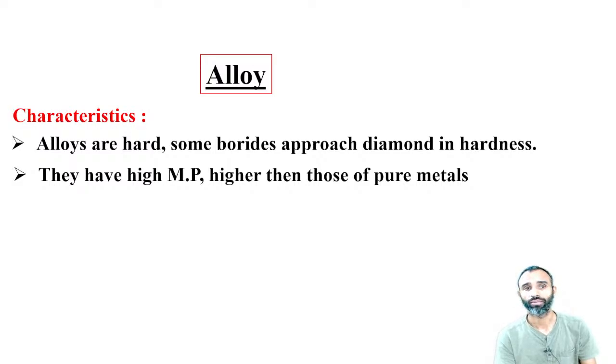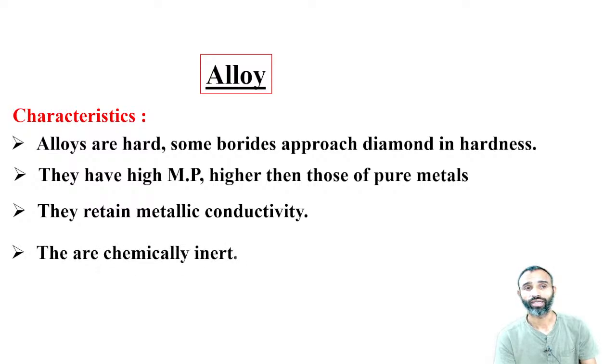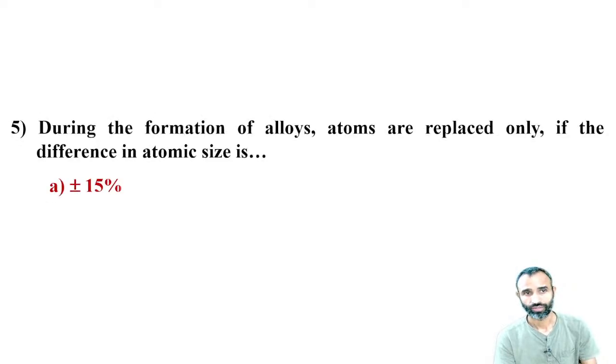They have higher melting points than pure elements. They retain metallic conductivity. They are chemically inert. This is true about interstitial compounds too. So the difference is plus minus 15%.